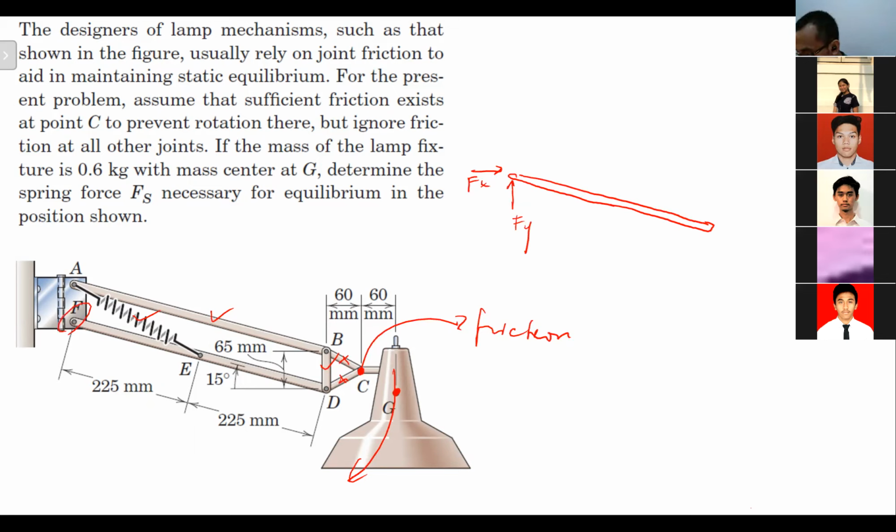At point E, there will be force due to AE, the spring AE, like this.